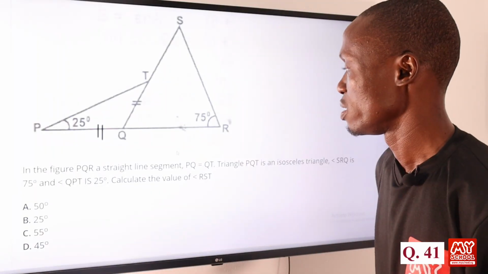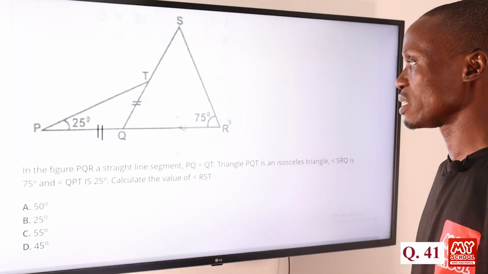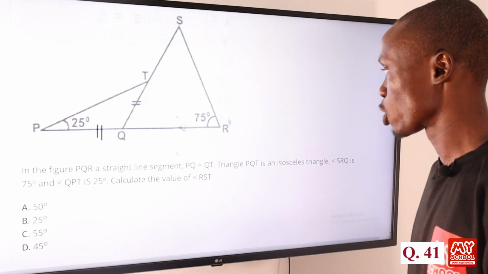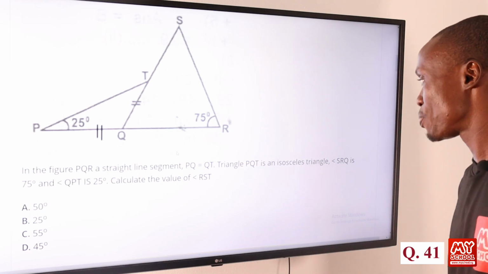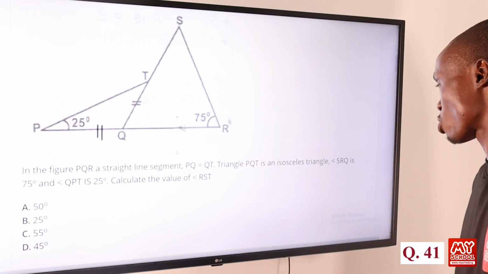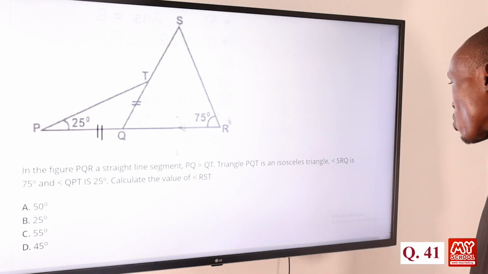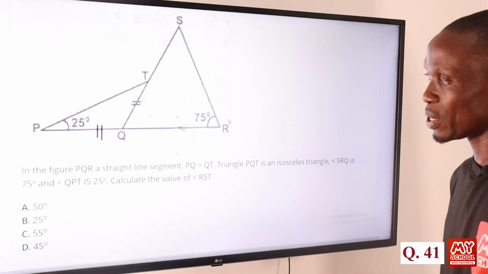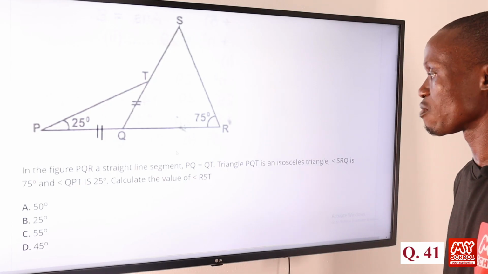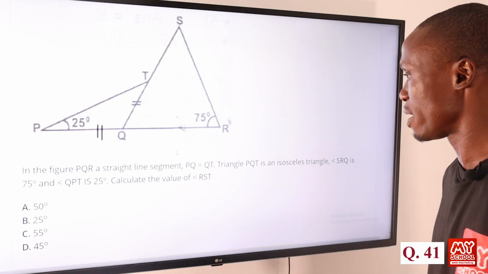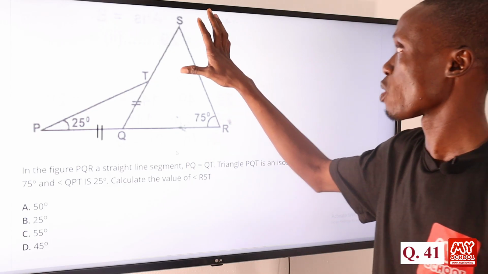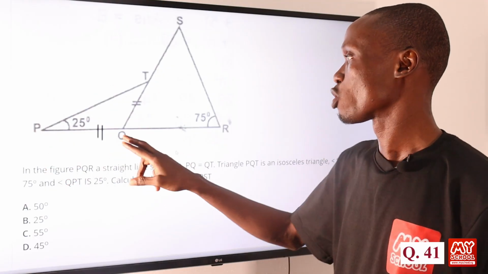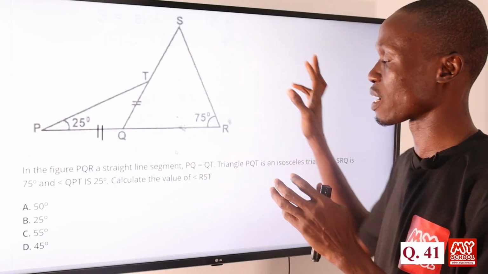Question 41. In the figure, PQR is a straight line segment, PQ is equal to QT. Triangle PQT is an isosceles triangle. Angle SRQ is 75 degrees and angle QPT is 25 degrees. Calculate the value of angle RST. We are going to answer this question using the diagram that is given to us. If you look at this triangle QTP, it's an isosceles triangle.